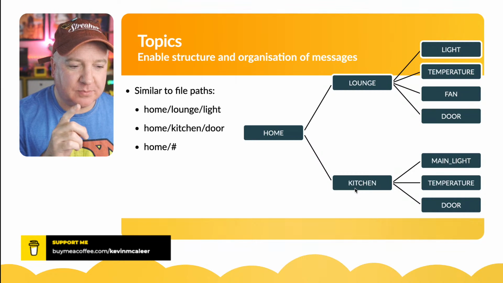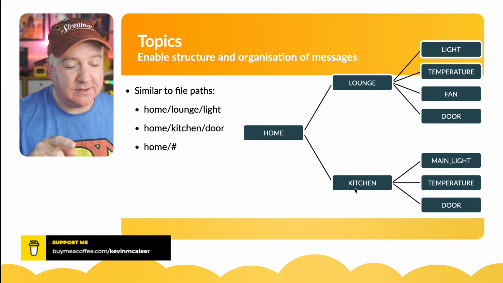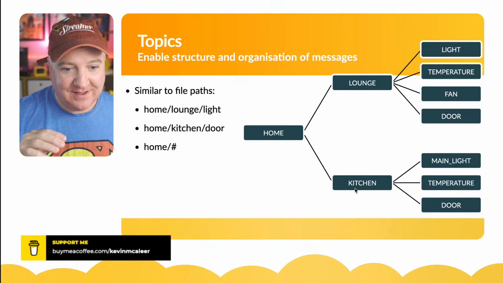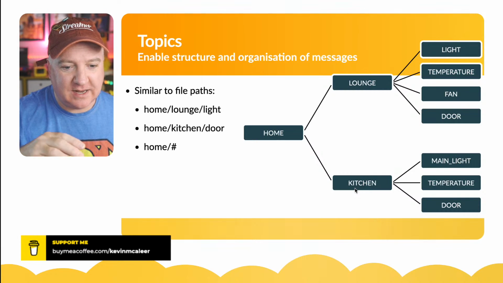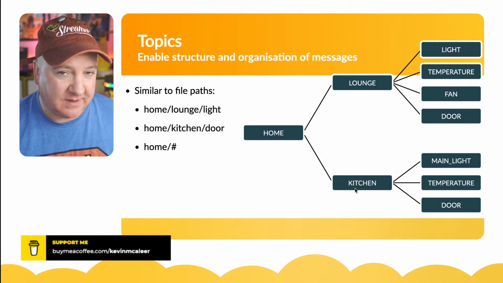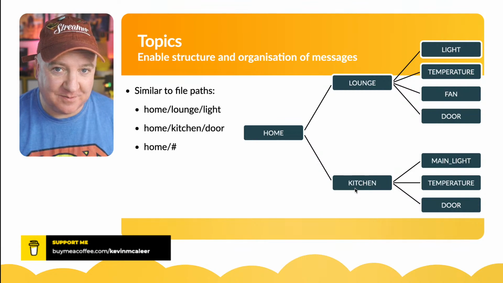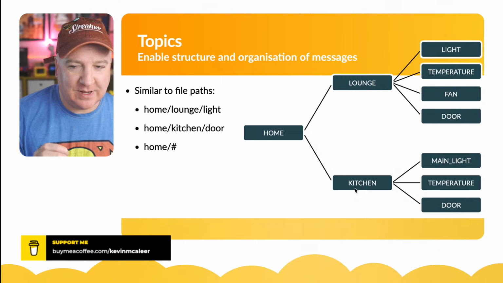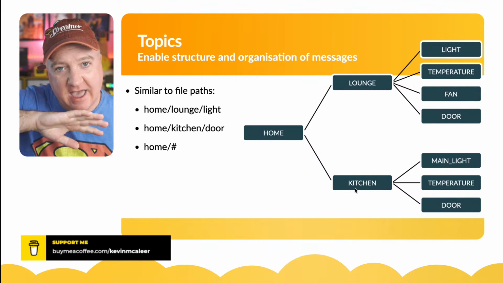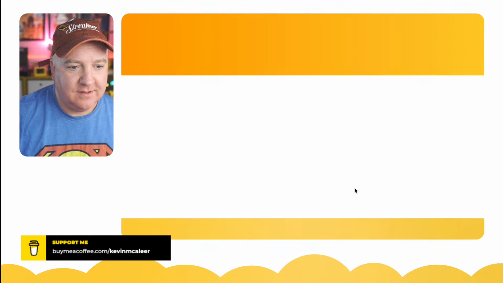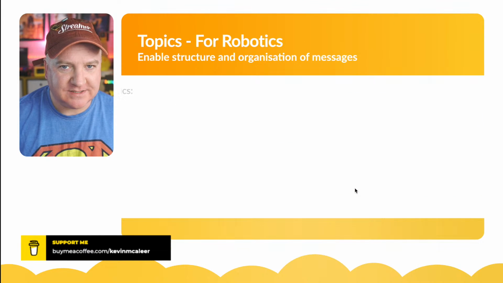So if we had, for example, home/+/door, that would mean any level that's got a door, so home, lounge, or kitchen, anything that's got a door. Give me the messages from those particular topics. So it's kind of like a wildcard for a specific level, whereas the pound sign or hash means everything below that. We can have a look at this in a minute and have a play around with it.